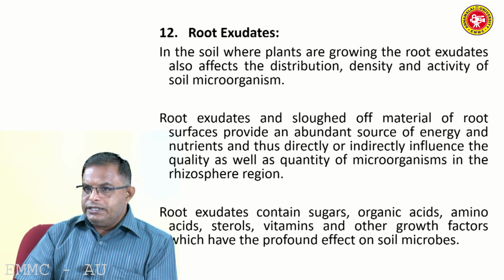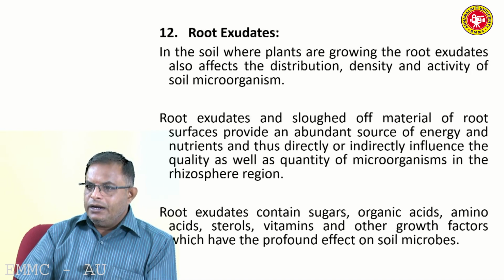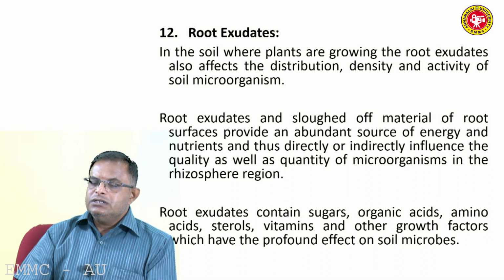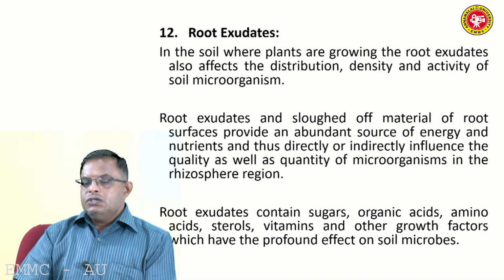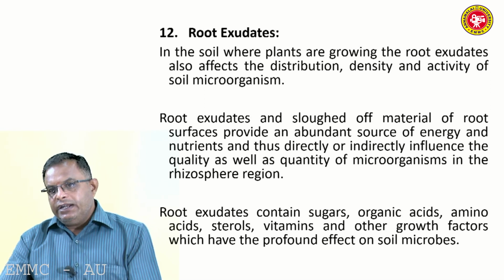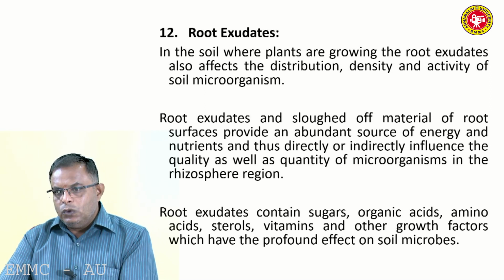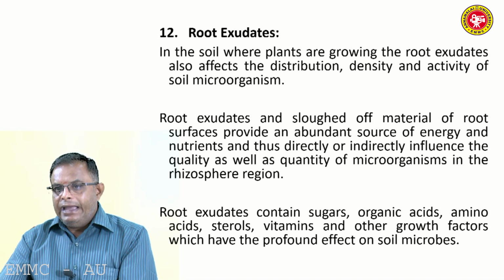Root exudates contain sugars, organic acids, amino acids, sterols, vitamins and other growth factors which have a profound effect on soil microorganisms. So, likewise these factors play a major role in the distribution and activity of microorganisms in soil.